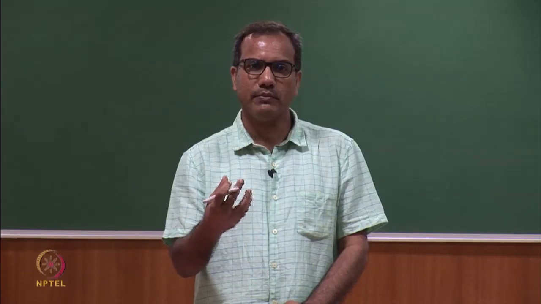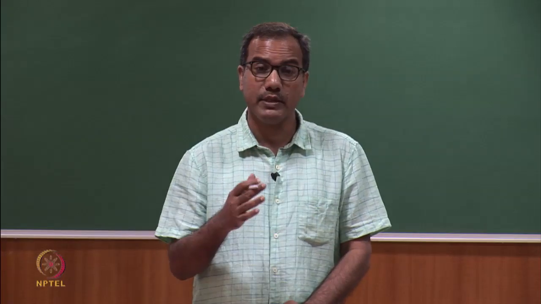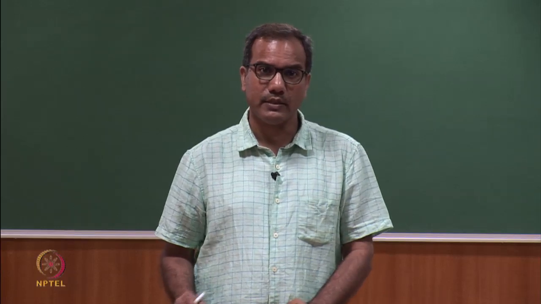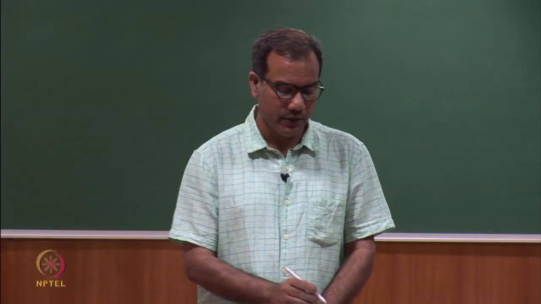It absorbs waves of every wavelength. It does not transmit anything. This is also an object which is a perfect emitter of radiation over all wavelengths. So, it is a perfect absorber, it is a perfect emitter.